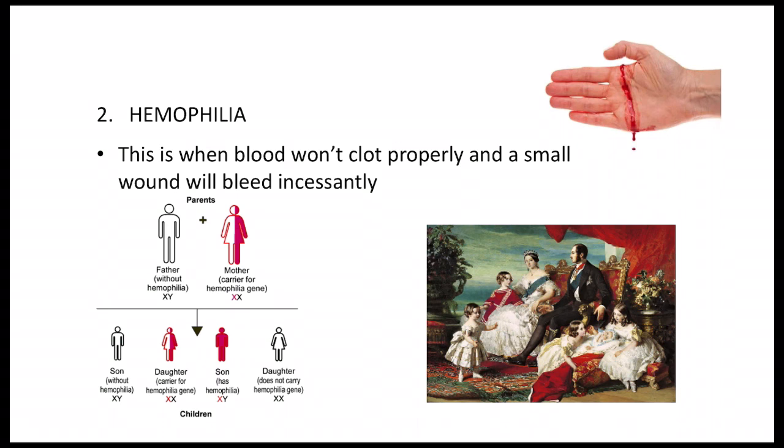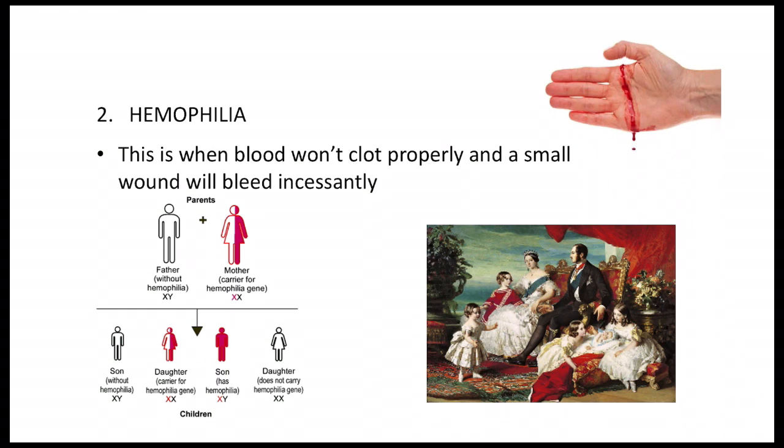It is also good to know the image in the lower corner here is that hemophilia is actually a very famous example of a family tree, Queen Victoria's bloodline. In the past, royals would marry other distant relatives to keep the bloodline royal.